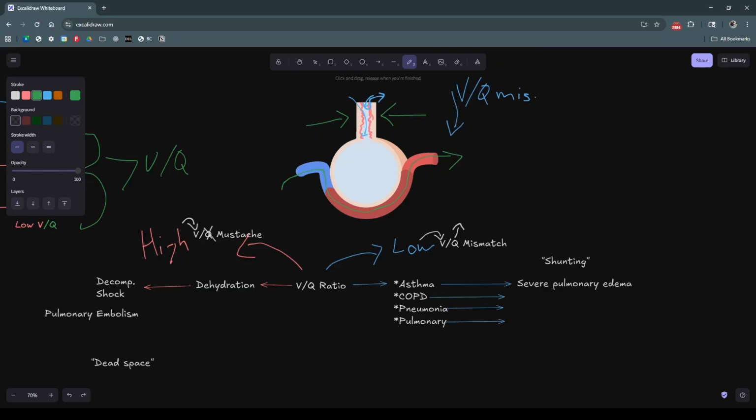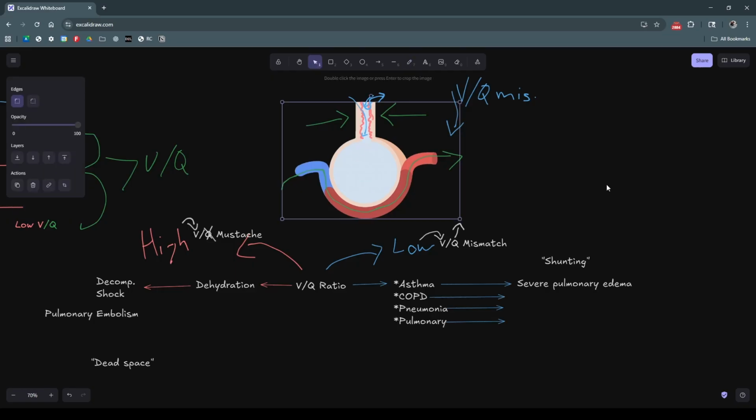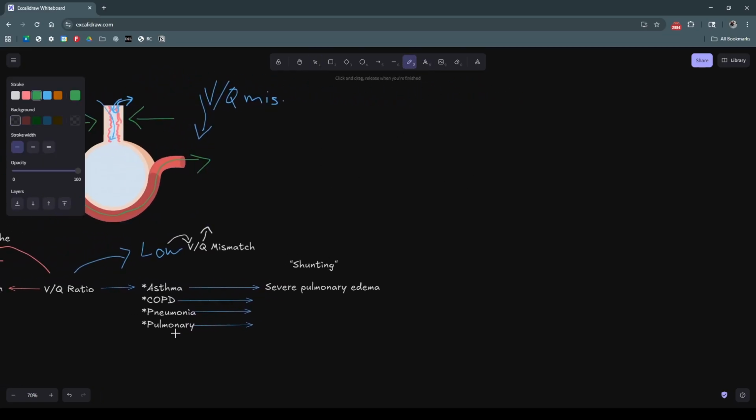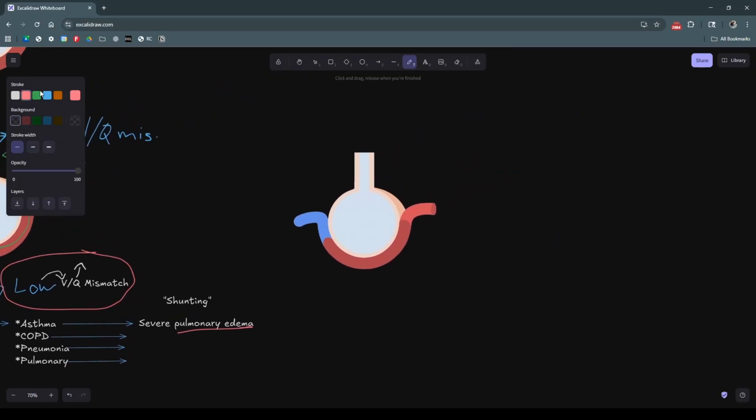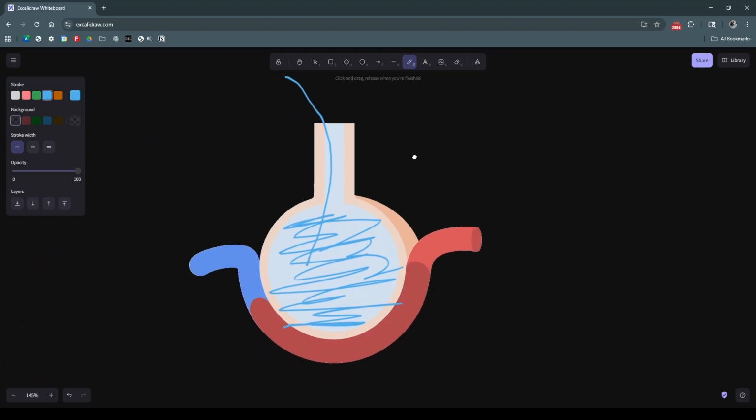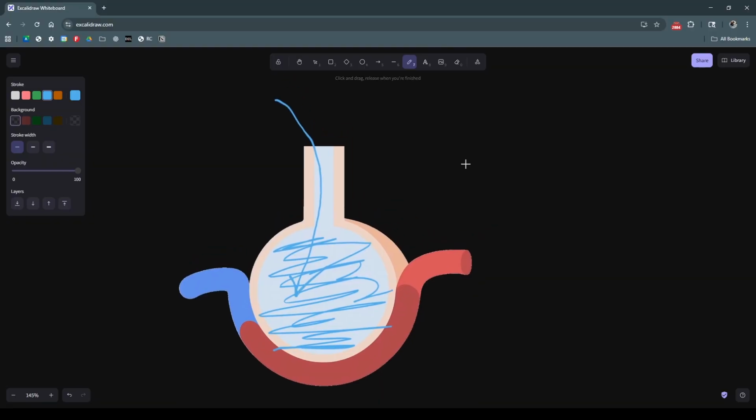And so let's take an example here about shunting and pulmonary edema. If you remember, when we're talking about pulmonary edema, and usually pulmonary edema is going to be on the more severe side with shunting, there's a lot to be said about what's happening in a shunting experience, because pulmonary edema, of course, is fluid in the alveoli, and in a severe case that's starting to fill it up, this is going to create a lot of interesting and bad problems.